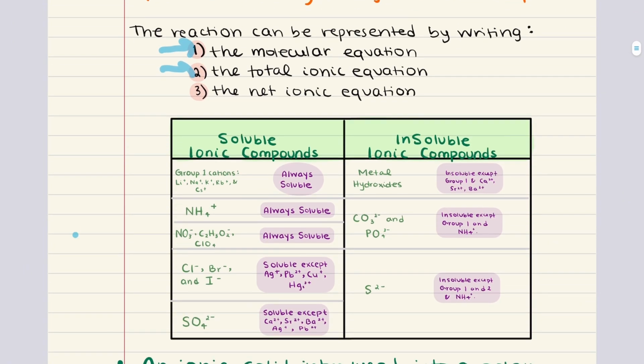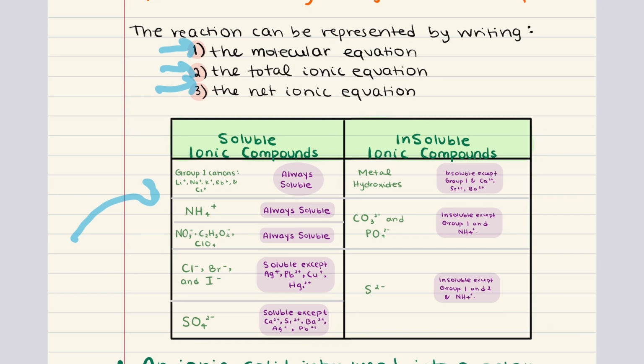And this table helps us determine what is a soluble ionic compound and what is an insoluble ionic compound. Finally, to get the net ionic equation, we remove the spectator ions. These are ions that appear on both sides of the equation without undergoing any change. The net ionic equation contains only the species that participate directly in the chemical reaction.